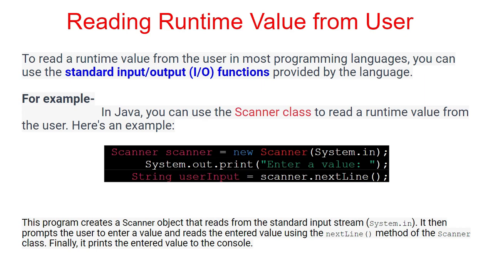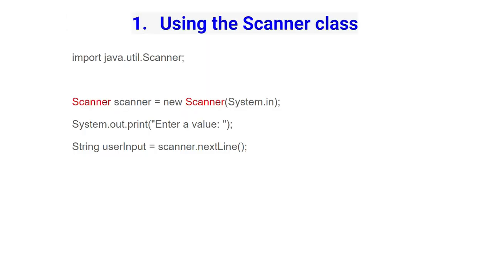We are going to understand what is the disadvantage of taking a hard coded value and what is the advantage of taking a runtime value, so we can discuss that in the video. So this is the first way, using the Scanner class.